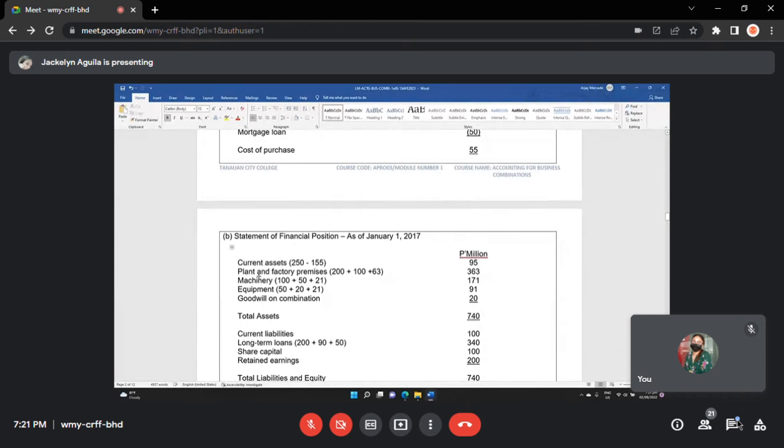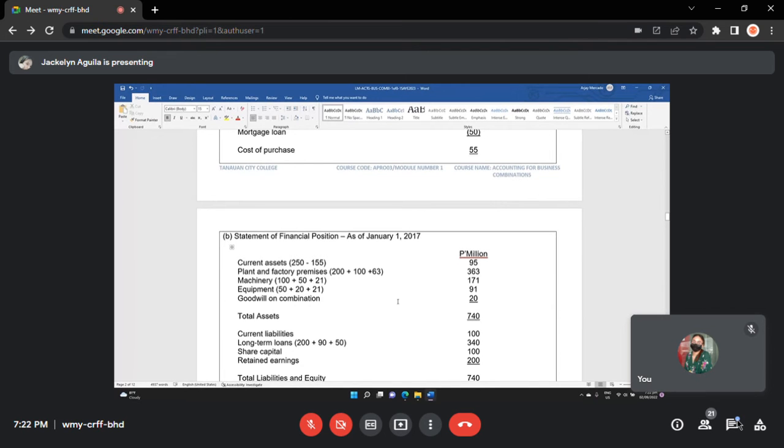And yung plant and factory premises, 200 plus 100 plus 63 is equal to 363 million. Yung 200 naman po, yung nakuha po siya sa plant and factory premises sa 2016 financial position po. Plus 100 million yun yung plant premises at yung 63 naman yung factory premises.